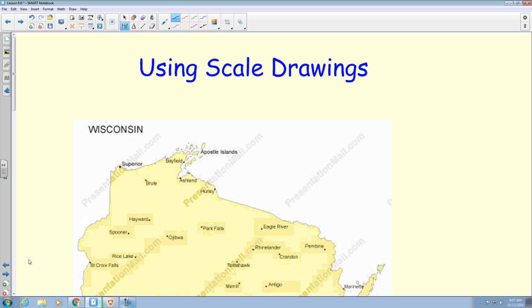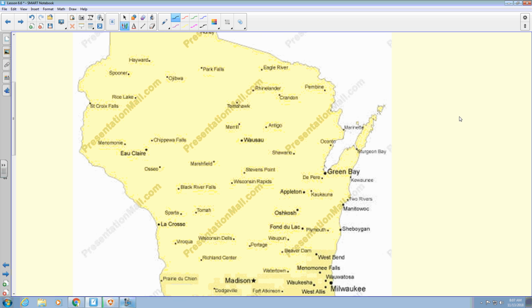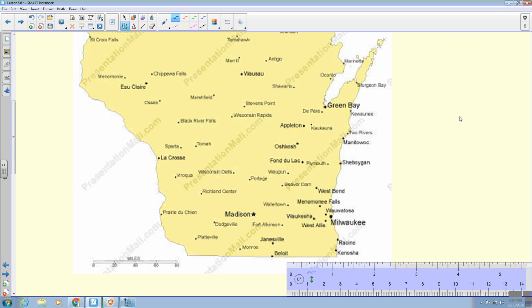So let's say here we have a map of Wisconsin. And if you look here, this helps you determine what the scale factor is on a particular map.